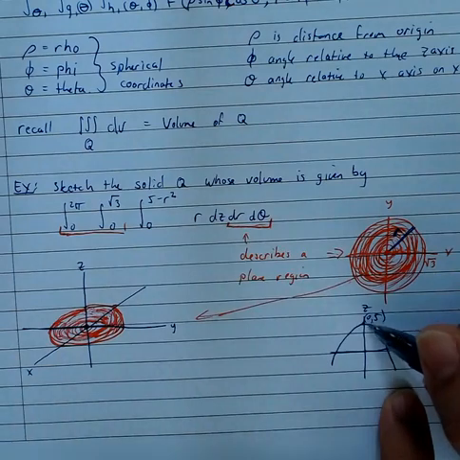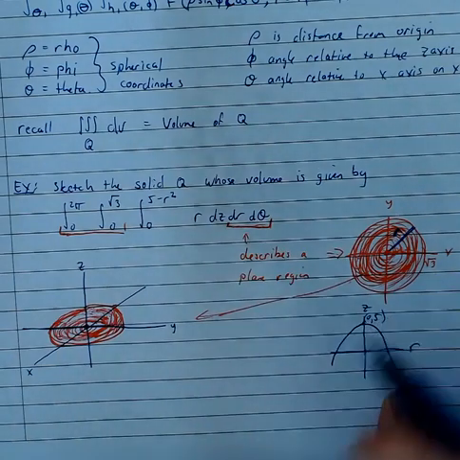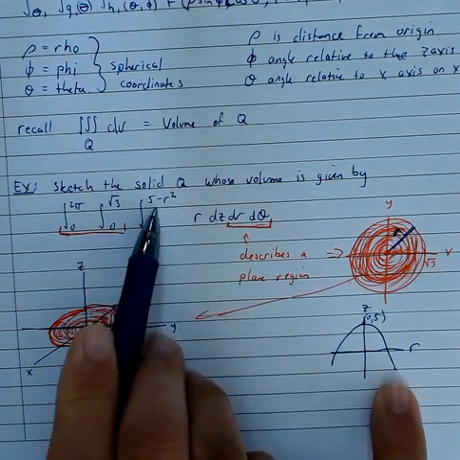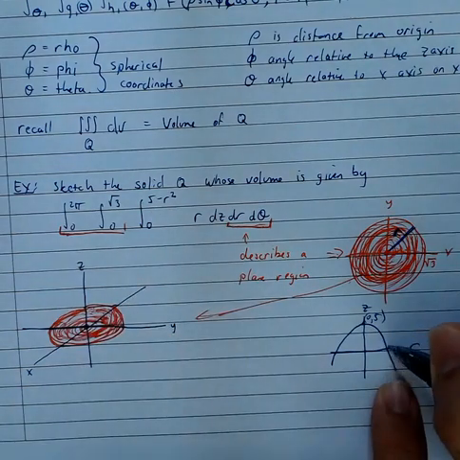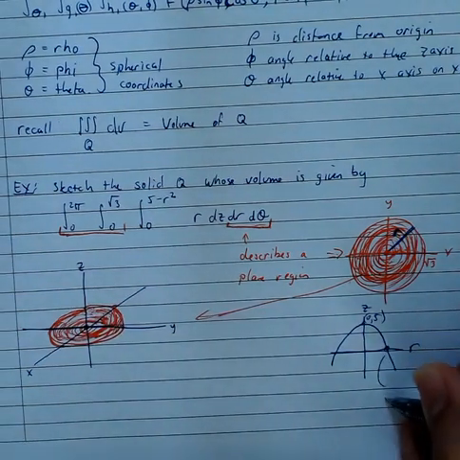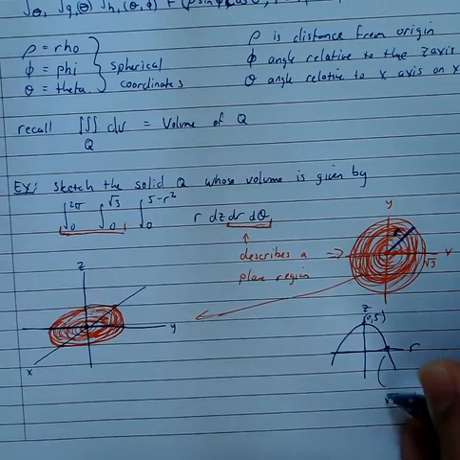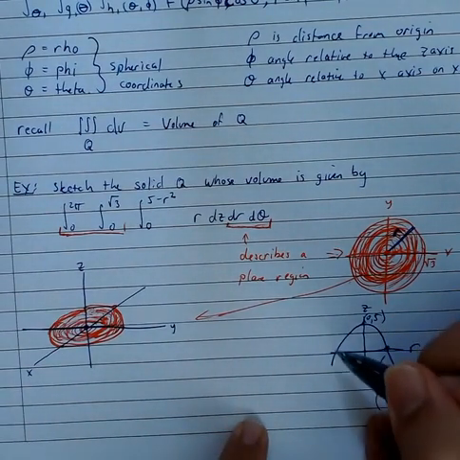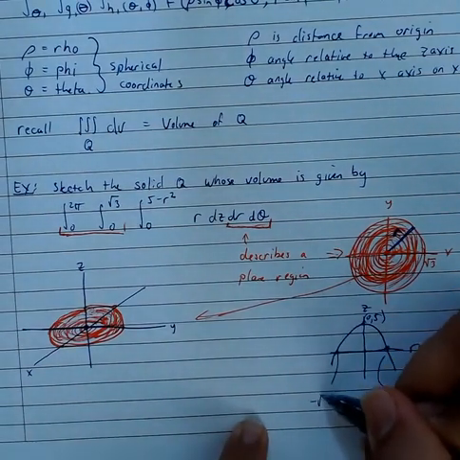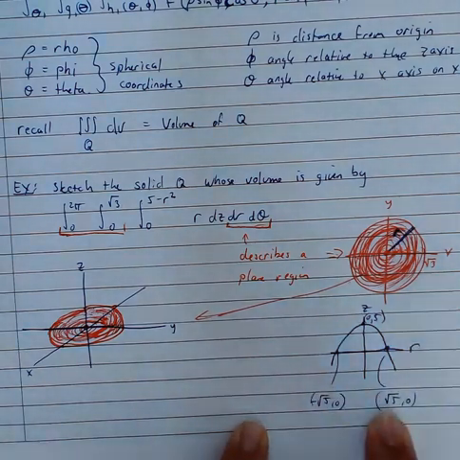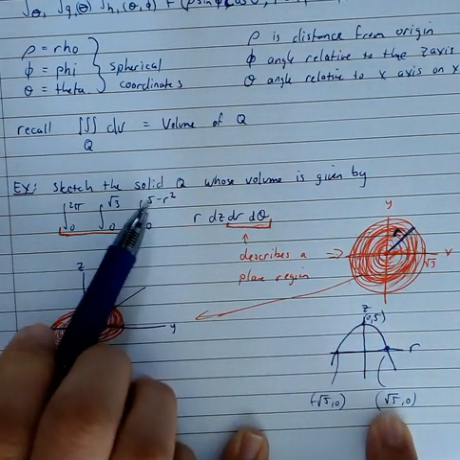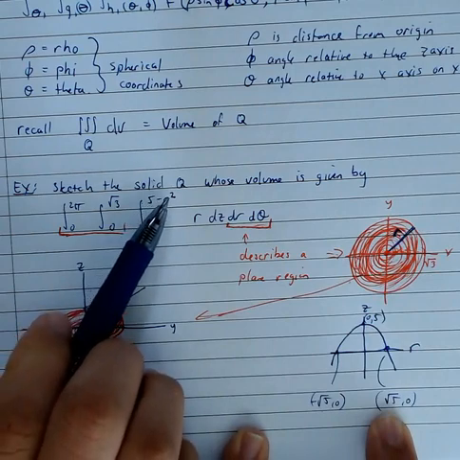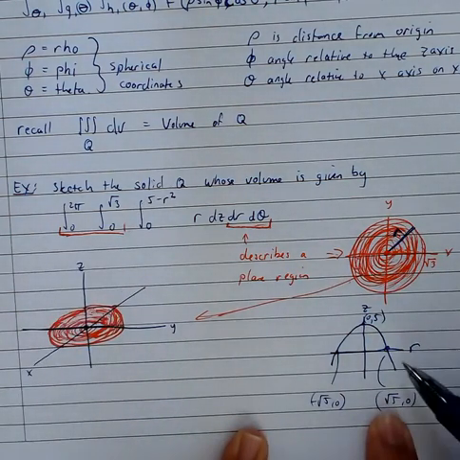Here, let's see. If this is 0, comma 5, if I want my z to equal 0, that would make this the point root 5, comma 0. And that would make this the point minus root 5, comma 0. Because here, if you plug in root 5 or negative root 5, 5 minus root 5 squared would give me 0.